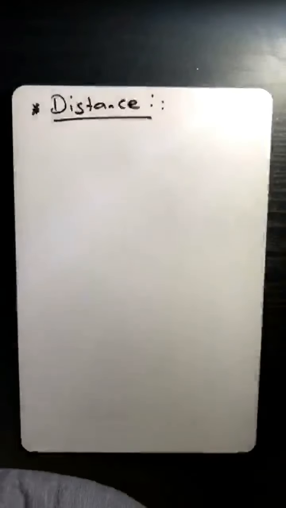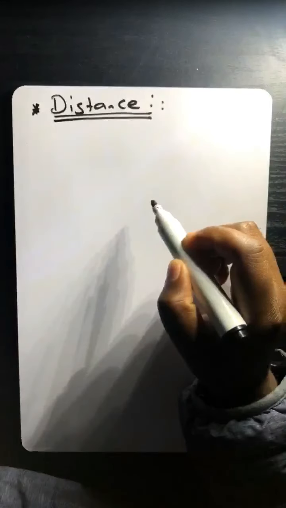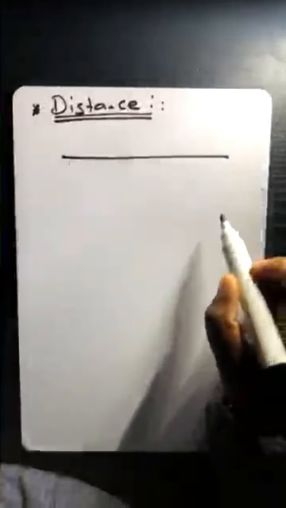So guys, what exactly is the distance formula? Remember, the word distance is one and the same thing as the length. If you have a straight line, which in real life could be a road from your house to the clinic, then when we talk about the distance, we talk about the length from your house up to the clinic.